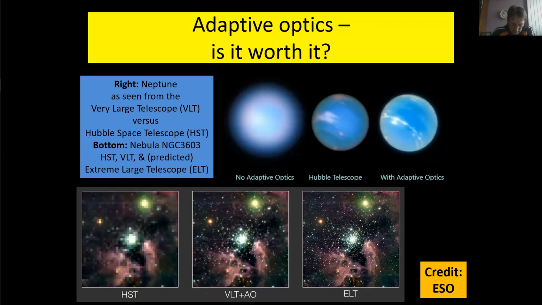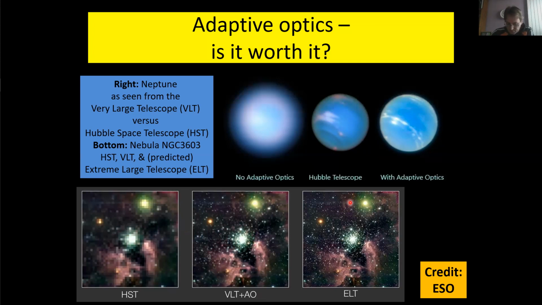Then this is the Very Large Telescope plus AO. I should have looked up what AO is. So again, adaptive optics. Stupid me. Okay, learn something. And we see already that the quality is better: this cluster of stars is better resolved, so we see finer details.